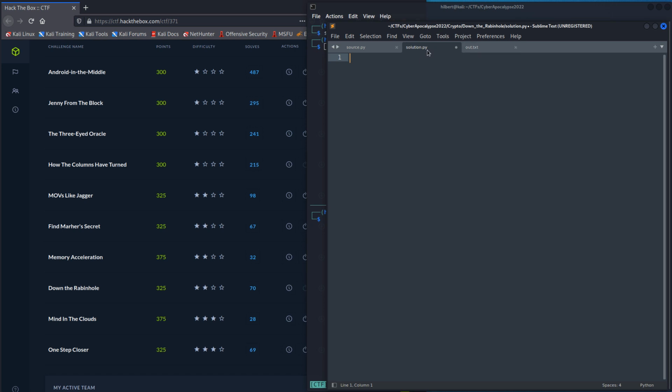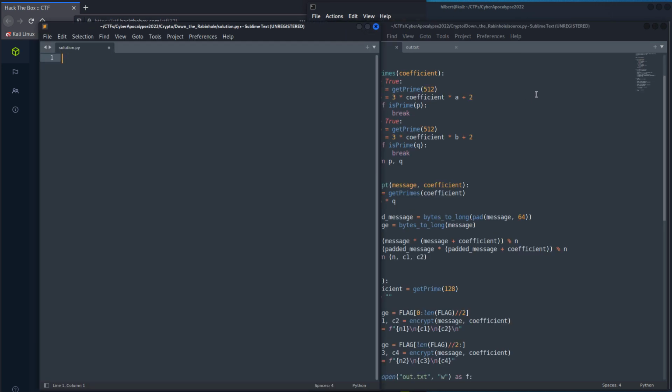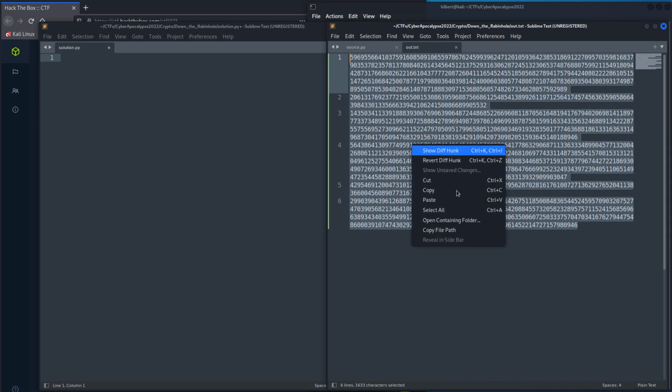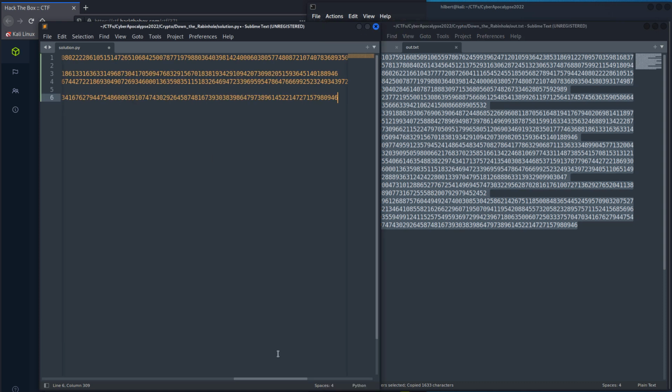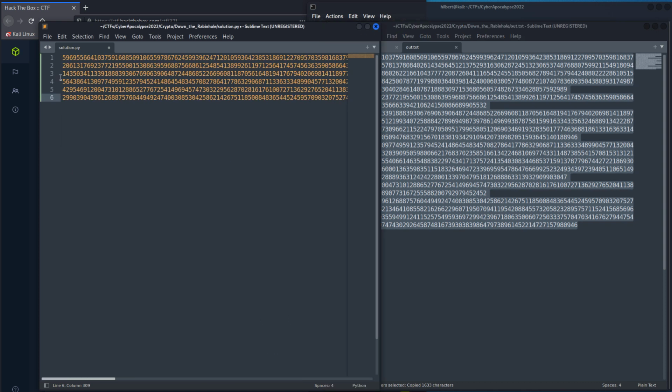So if we take these numbers, right, this was our n1, this is C1. We don't even need this because this was the padded message that we actually don't even care about.